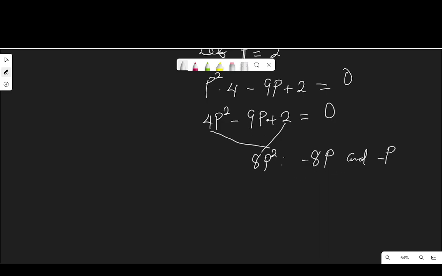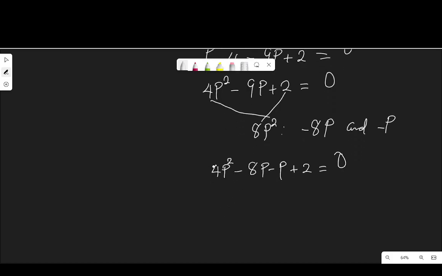So I'm going to replace this middle term with the factors, so that I have 4p squared minus 8p minus p plus 2 equal to 0. I'm going to group it 2 by 2. I'll group this first together, 4p squared minus 8p, group it together, minus p plus 2 equal to 0.